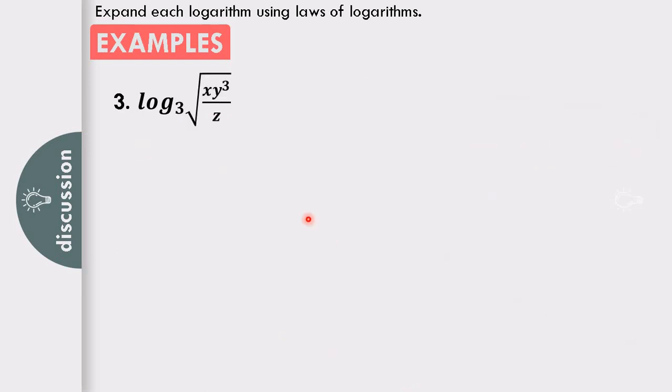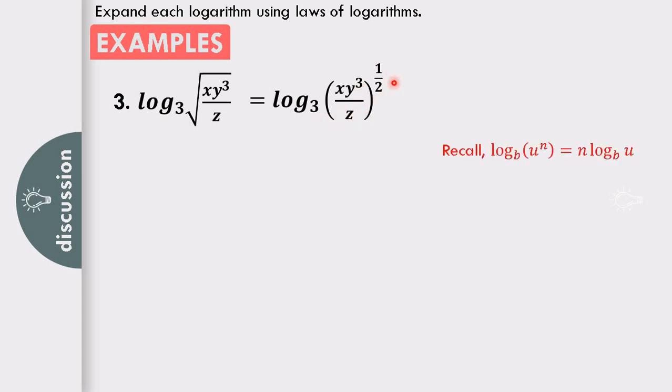Example number 3, so we have logarithm of the square root of xy cubed over c to the base 3. First, you will change the radical into an exponential one. So we have logarithm of xy cubed over c raised to 1 half to the base 3. Okay, so we will bring down 1 half. So we have 1 half logarithm of xy cubed over c to the base 3.